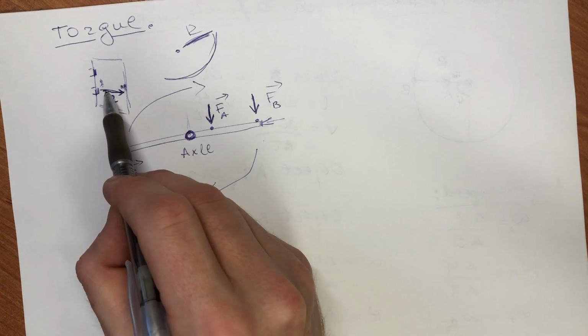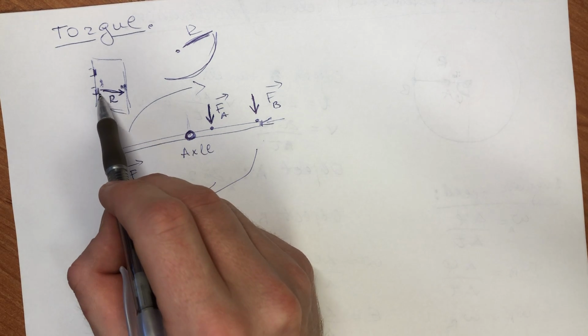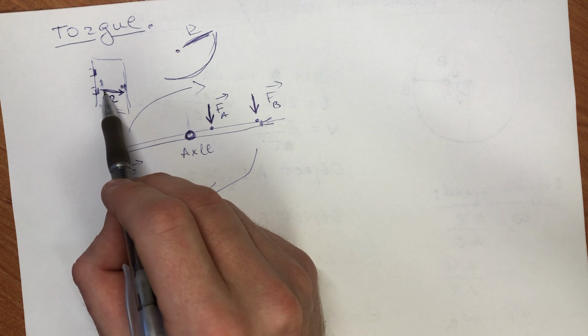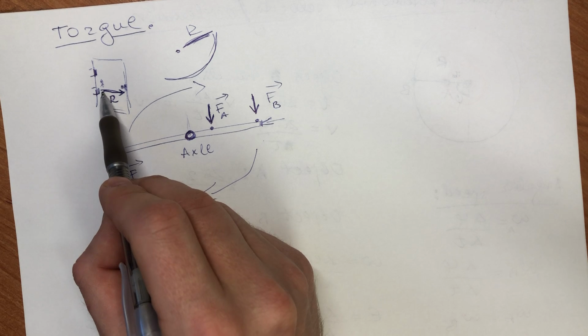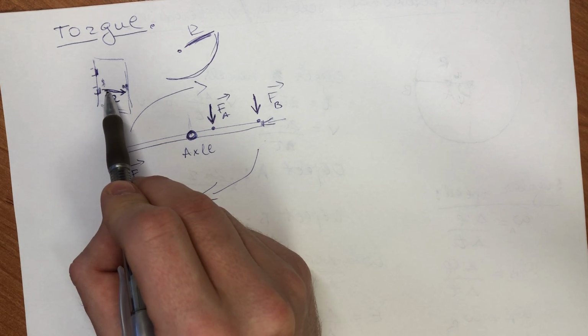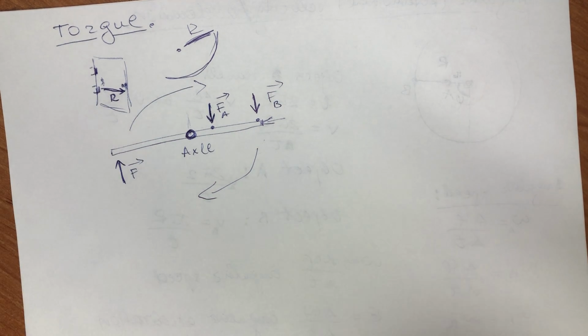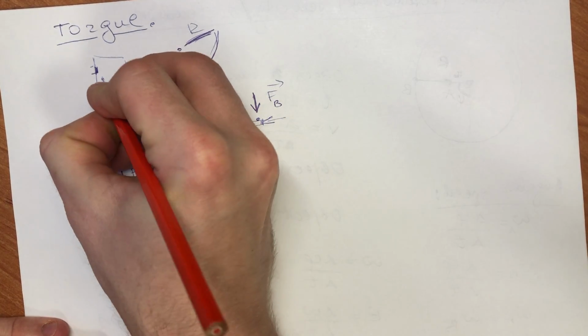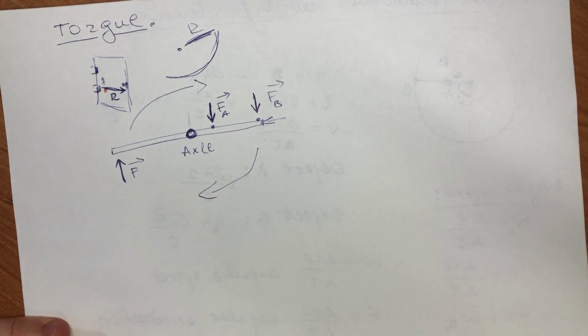As compared with the door, in order to open the door or to close the door, if you apply force to this point, close to the hinge, then you will need a higher amount of force.